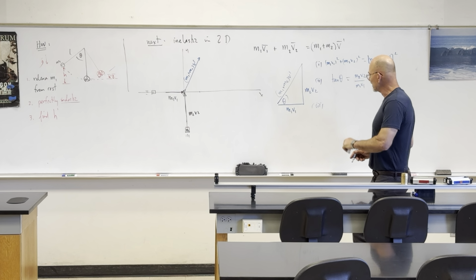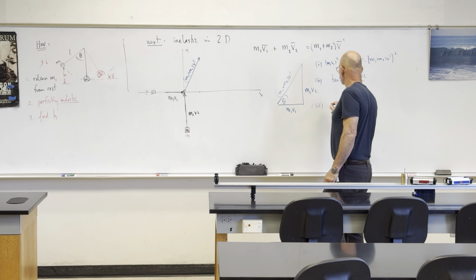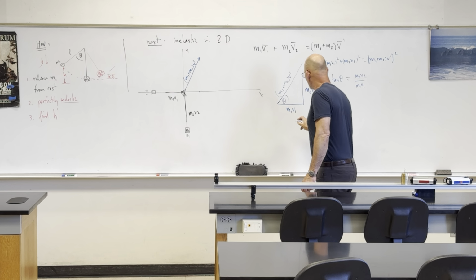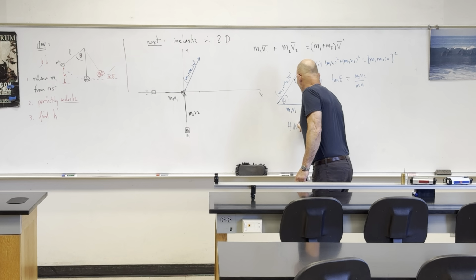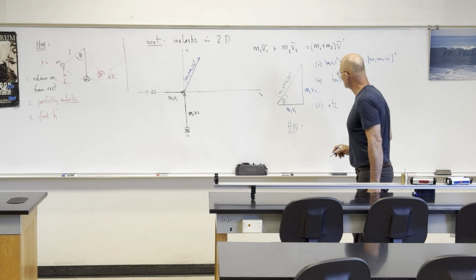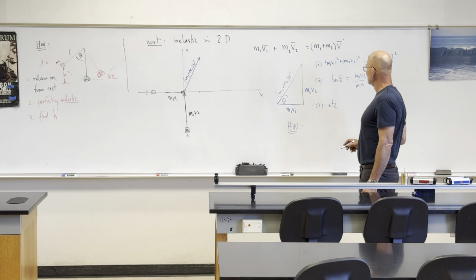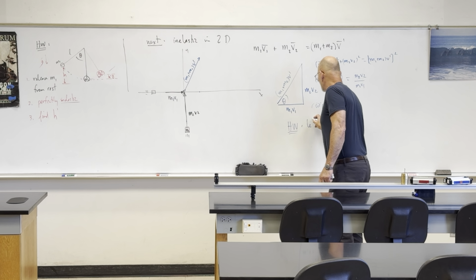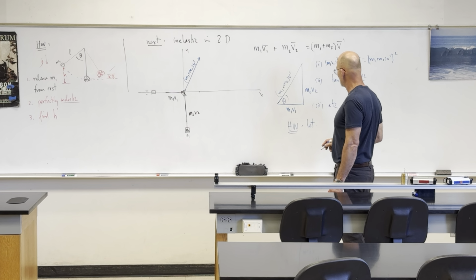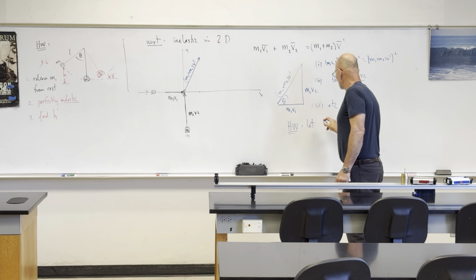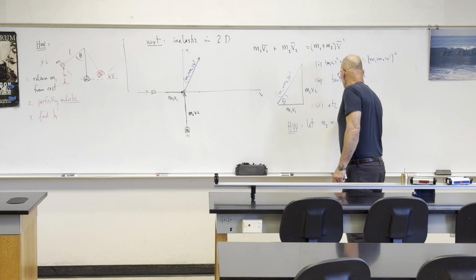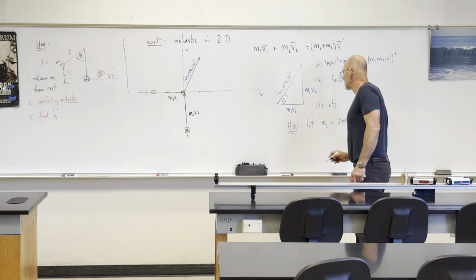So I'll just put this up as a homework problem too. I'll just write etc. Now here, in order to have something to solve for, we've got to make up some relations here. So let's say let M2 equal 2 times M1.